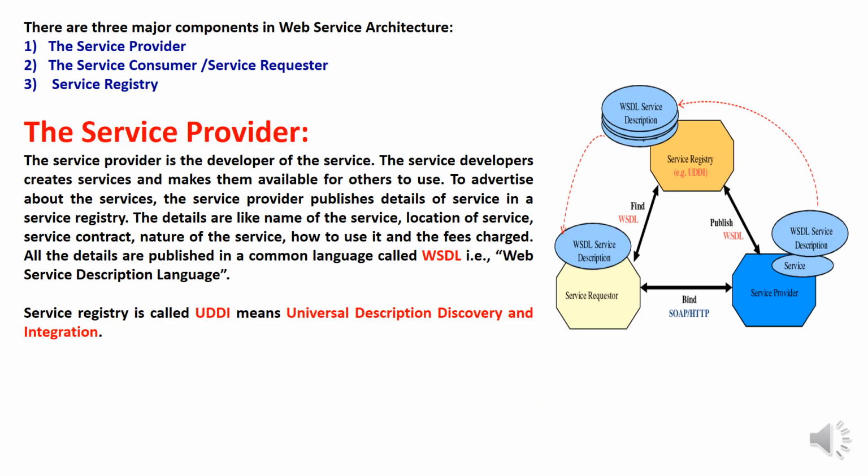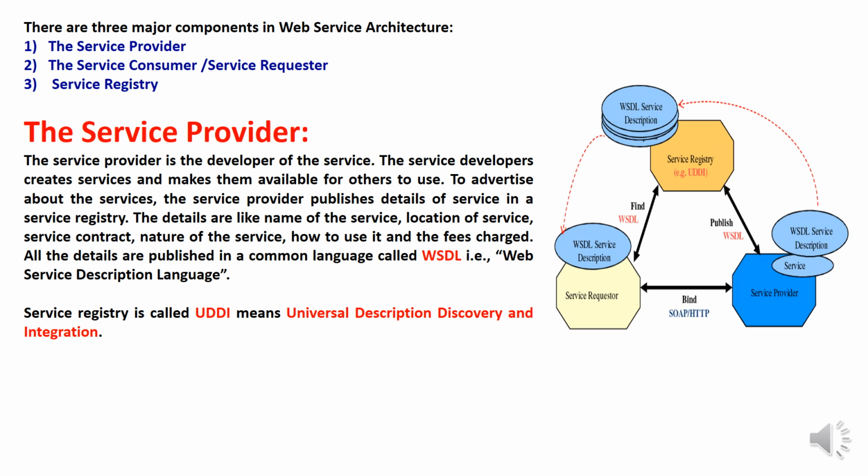Let us explain the components one by one. First one is service provider. The service provider is the developer of service. The service developers create services and make them available for others to use. To advertise about the services, the service provider publishes details of service in a service registry.